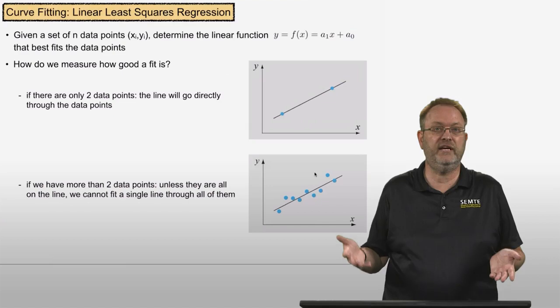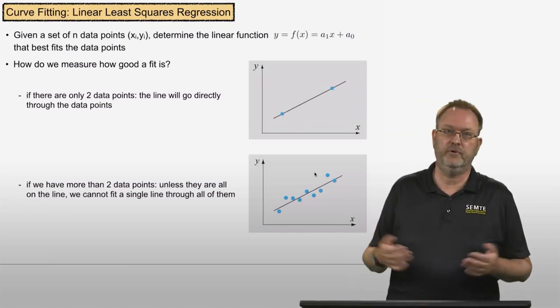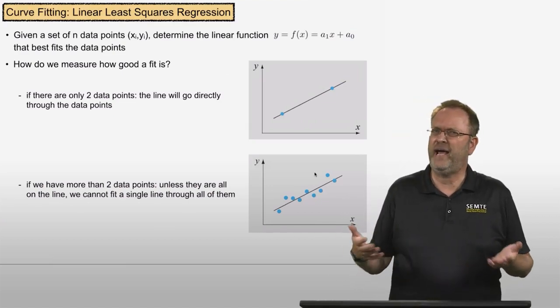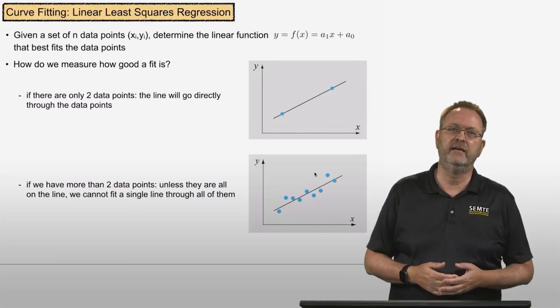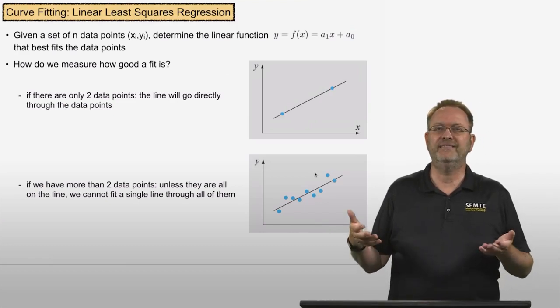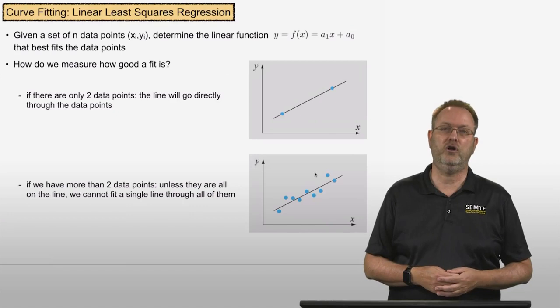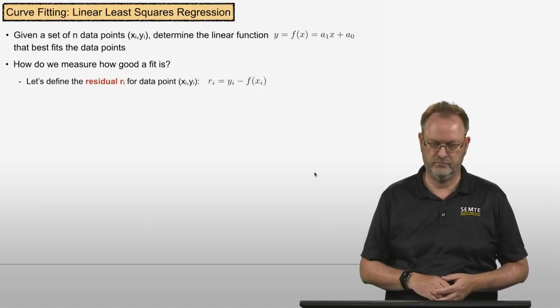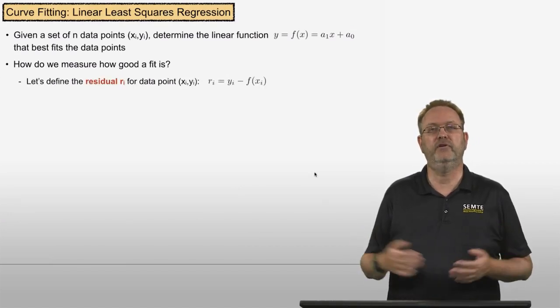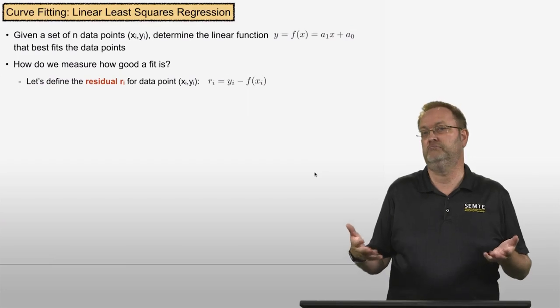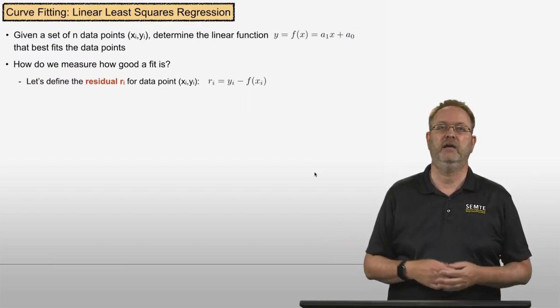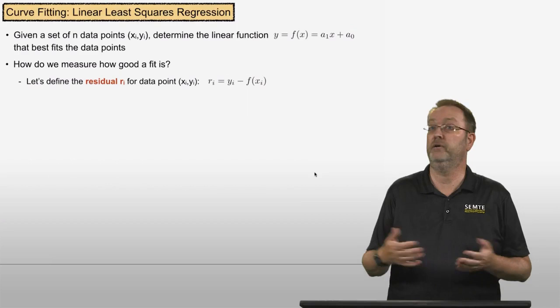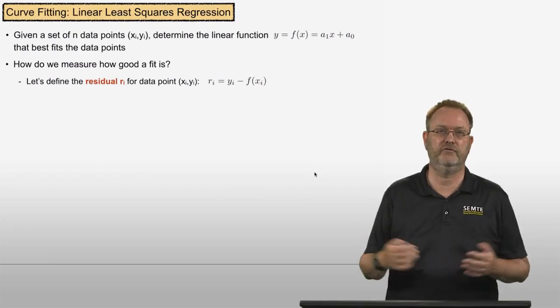But if we have more than two data points, then unless they all happen to be on the same line, we cannot put a single line through all of these data points. So we have to come up with a definition of an error, and then we'll try to minimize this error of the fit.